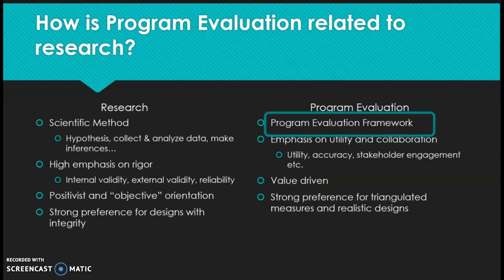But in this particular experience, we are drilling down and trying to understand program evaluation with a really specific focus on this program evaluation framework that we're going to look at in just a second. Because I want you to make the connection that the program evaluation framework is really the equivalent of the scientific method in this different space, okay?